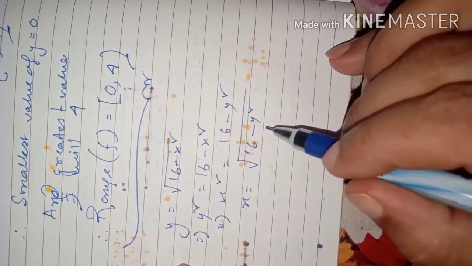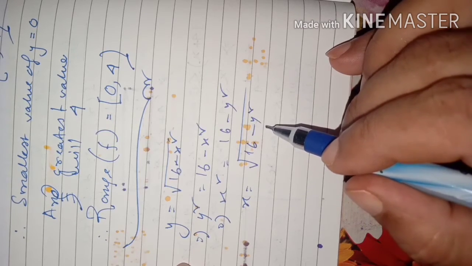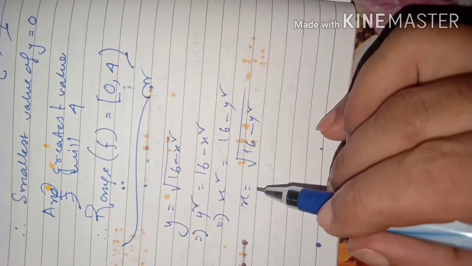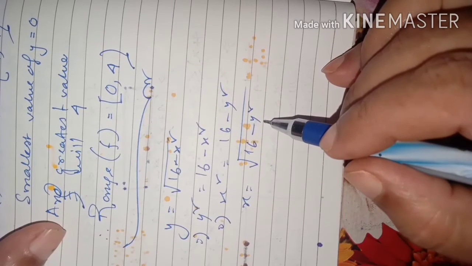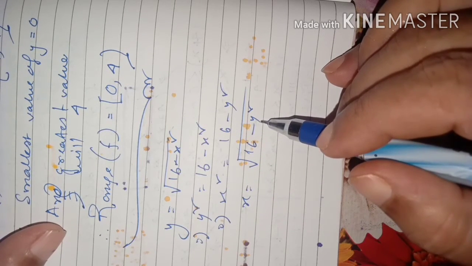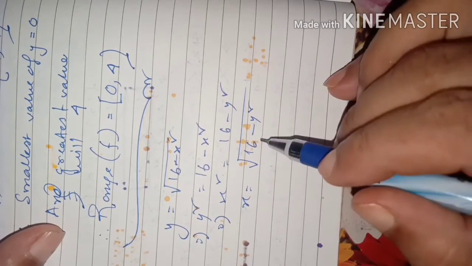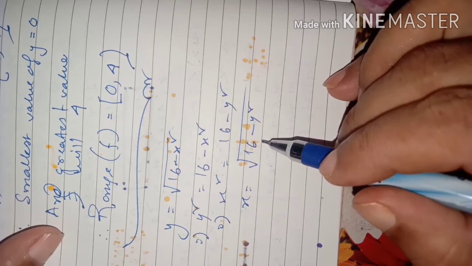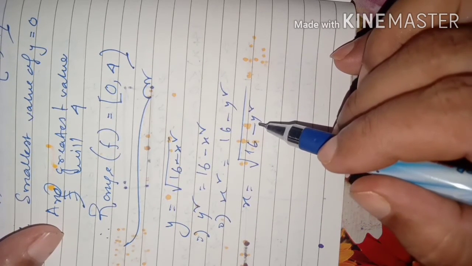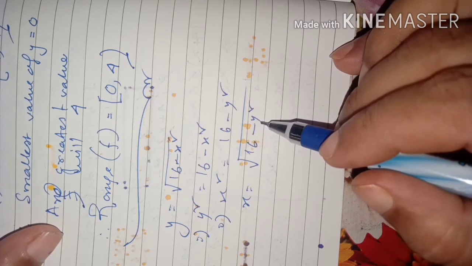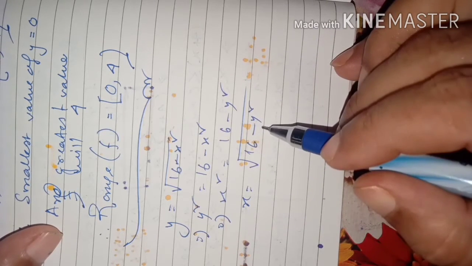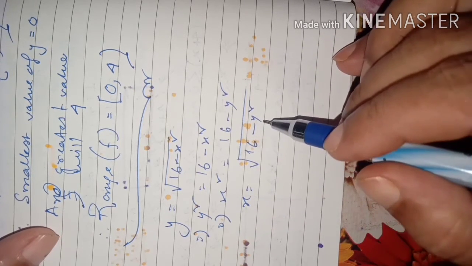Then what values can y take? Because x will be between minus 4 and plus 4. If y is minus 4, then x will be 0. Yes, 0 is there. If y is plus 4, then it will also be 0.